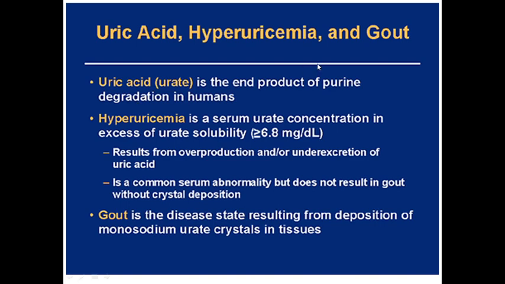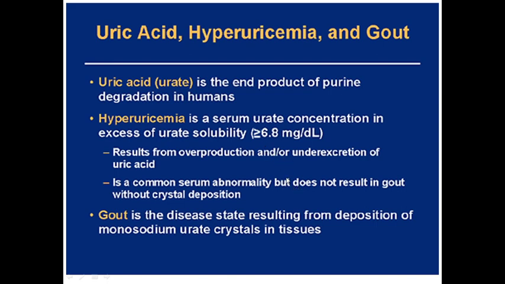Gout is a disorder accompanied by hyperuricemia, and uric acid is an end product of purine degradation in humans. Hyperuricemia is a serum urate concentration in excess of urate solubility, more than 6.8 mg per deciliter.